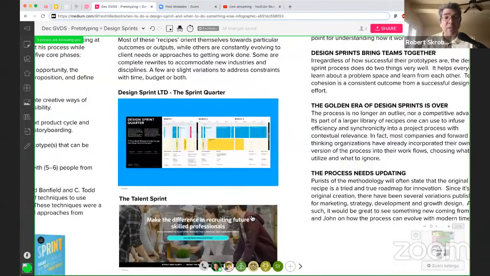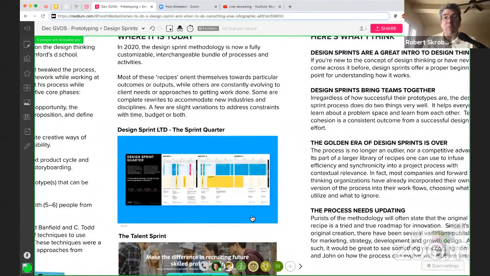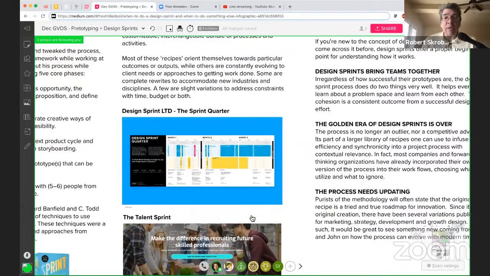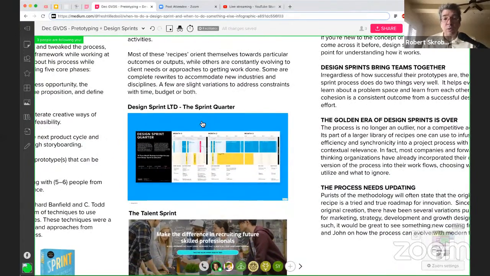Today, it's kind of an interchangeable methodology, meaning that it's got different processes and activities that correspond to design sprints. They can be retrofitted for different situations. The three I have here: the sprint quarter from Steph, sorry, I'm mixing all my sprints and my Stephs.